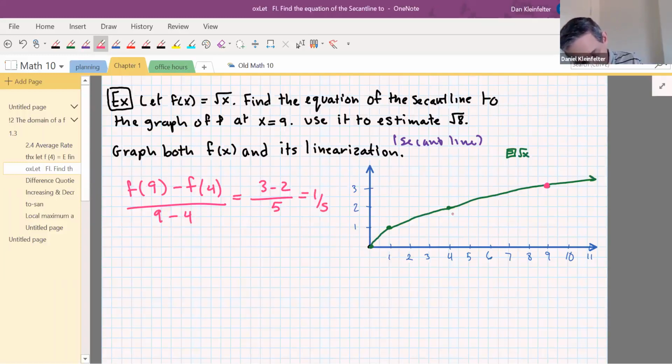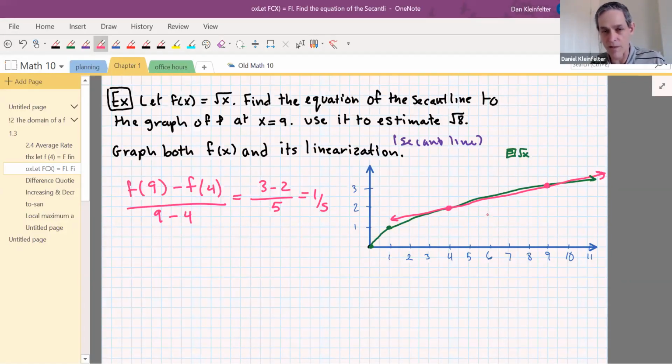All right, so now if we draw a line between the point (4, 2) and (9, 3), we'll get basically this pink line. That line has slope 1/5. Okay, you can see from our graph that the straight line, of course, is straight.